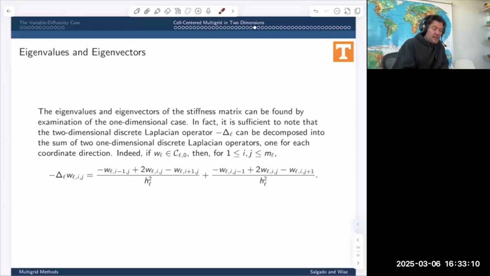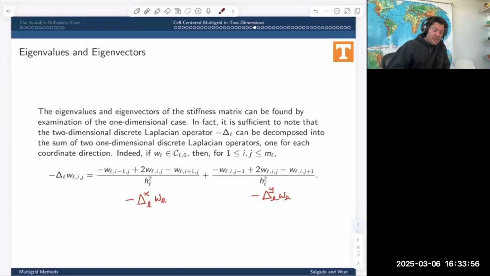So I could essentially write this as a Laplacian in the X direction, and this one would be a second order difference in the Y direction, both being one-dimensional. But I know what the eigenvalues and eigenvectors are for operators which look like this, just one-dimensional second order operators, because I did that calculation way back in the early sections of chapter 7, this current chapter.